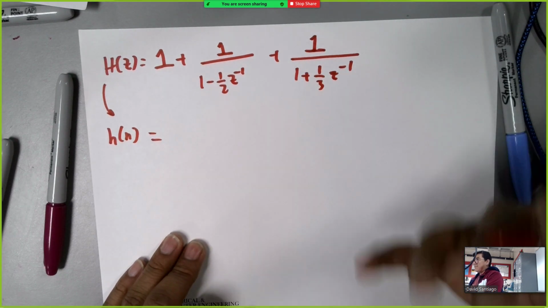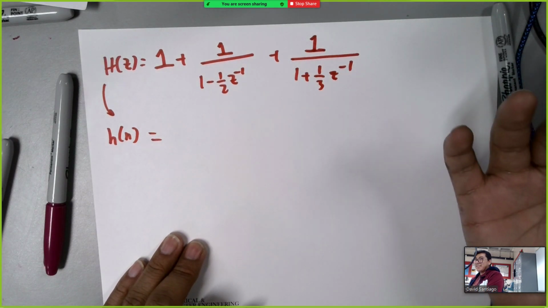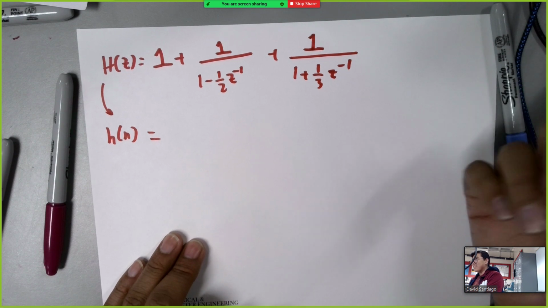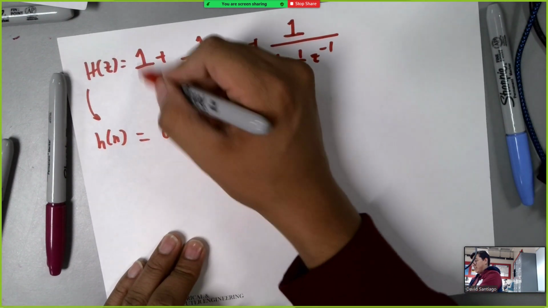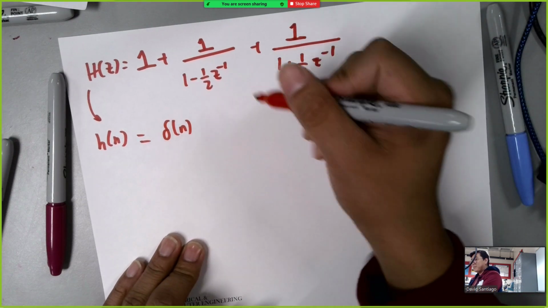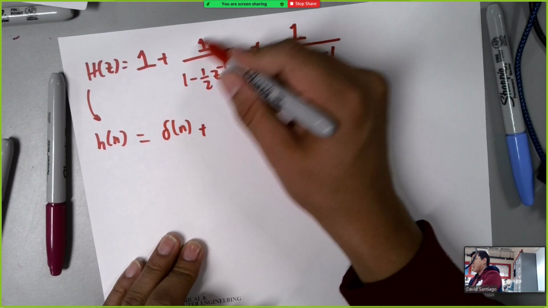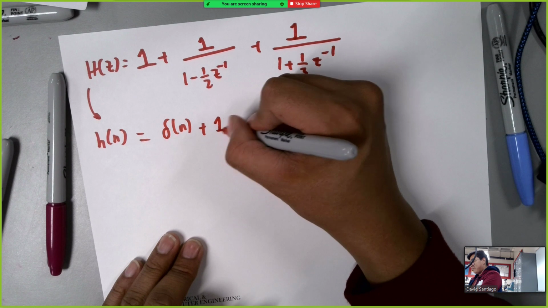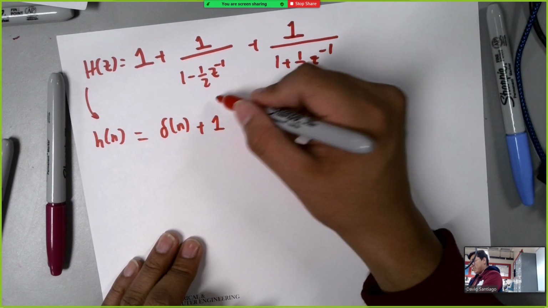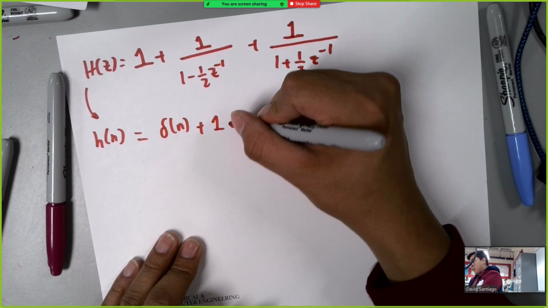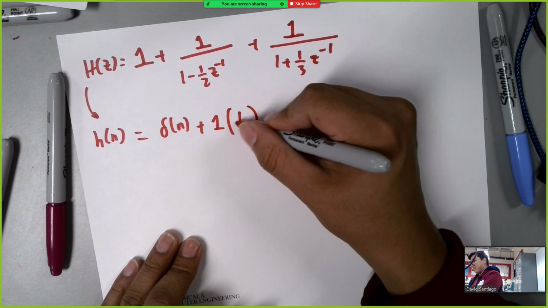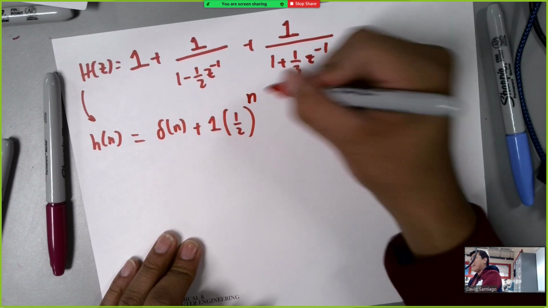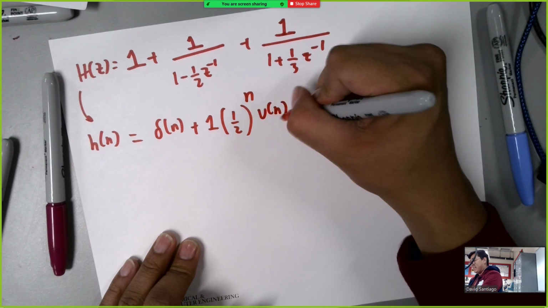So what's the inverse transform of a constant? A delta function. Well, it's 1 times delta of n. Cool. Now plus, okay, what's the residue? 1. What's the pole? The pole's at 1 over 2. But we have to put these parentheses in there, to the n, u of n.